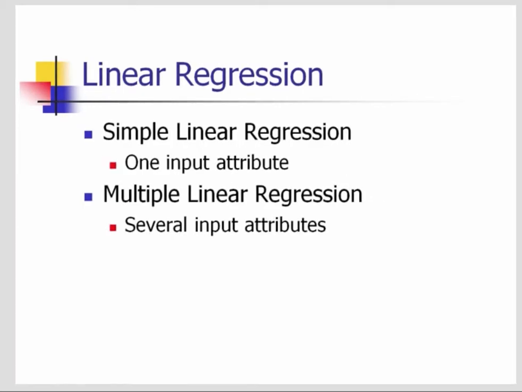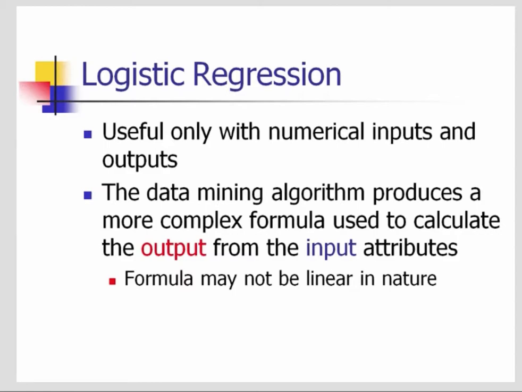Simple linear regression involves only one input attribute, but multiple linear regression, which we will be working with within the Microsoft toolset, involves several input attributes. Then, of course, something that is being predicted.